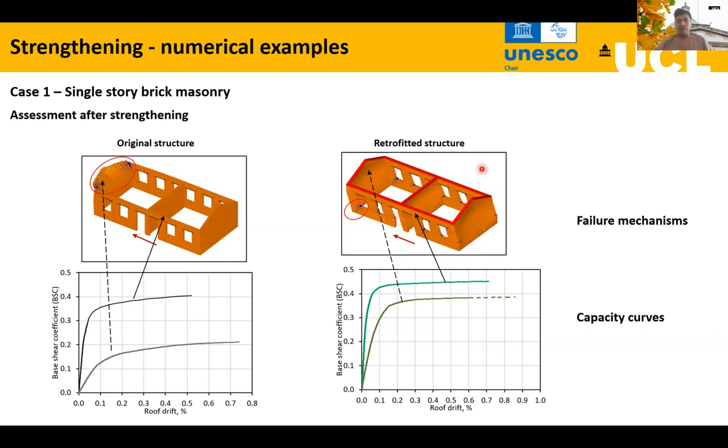And the whole building acts as a single unit, a single box, so we can see a proper box-like response here. If we compare the capacity curves, the in-plane capacity is not significantly affected because we have not installed any vertical elements. However, the out-of-plane capacity was 0.2G before retrofitting, and it has now come up to 0.4G after retrofitting, which is a significant improvement.